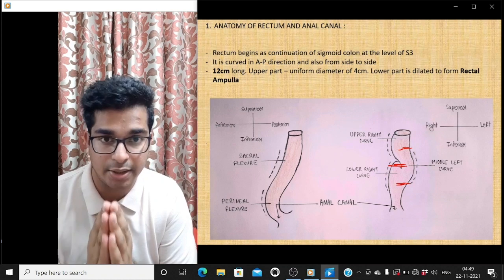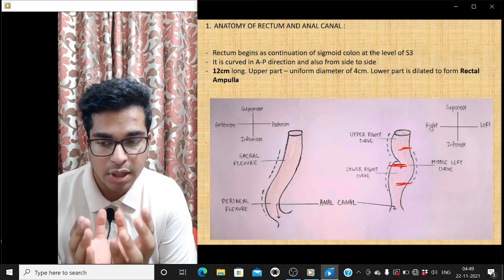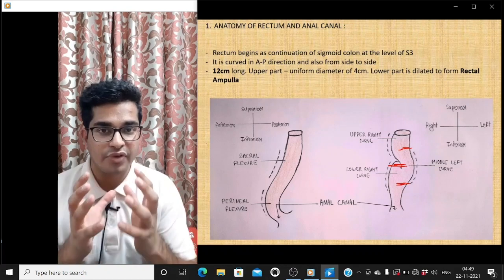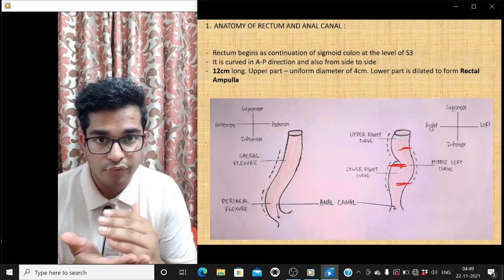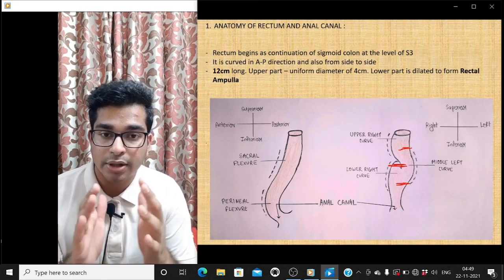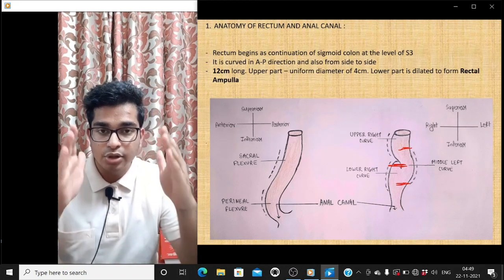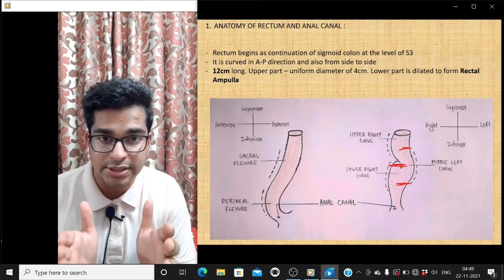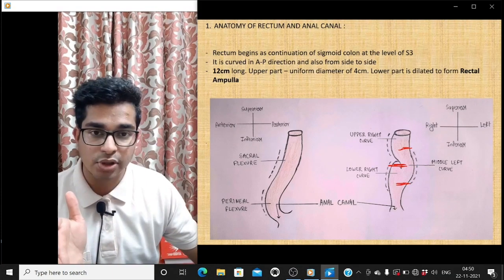Haustrations are permanent, right? So whenever your rectum is distended because of your fecal matter, these mucosal folds are still present. Unlike in other parts of the GIT, when the organ is distended from inside, you see a loss of the mucosal folds, loss of the mucosal rugosities inside. This is not the case with your rectum.